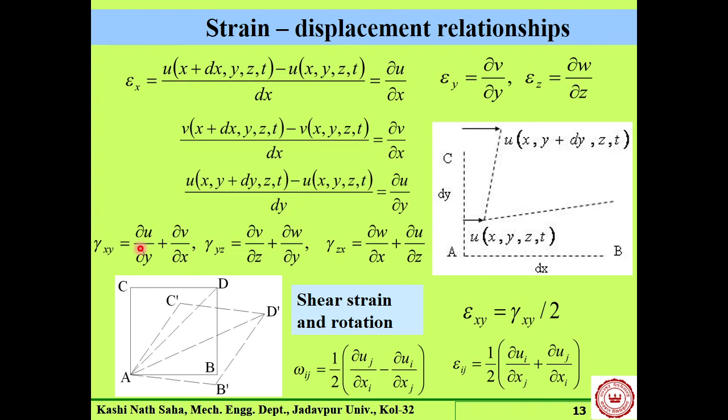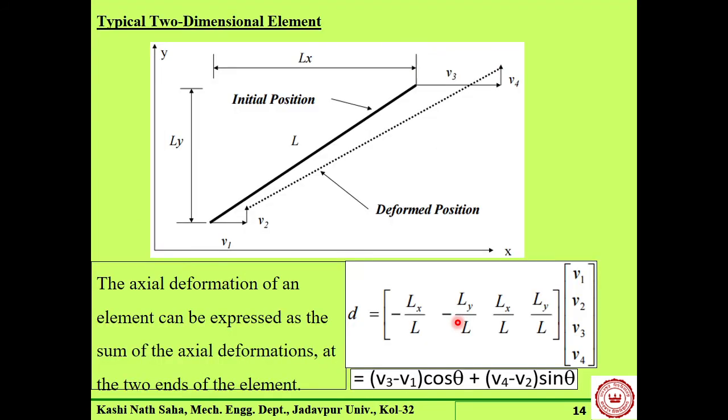These are the shear strain definitions, and this is the rotation part, which we have already discussed. Gamma xy by 2 is epsilon xy. This will come afterwards.